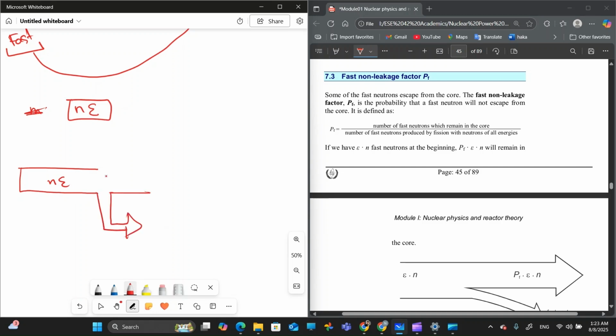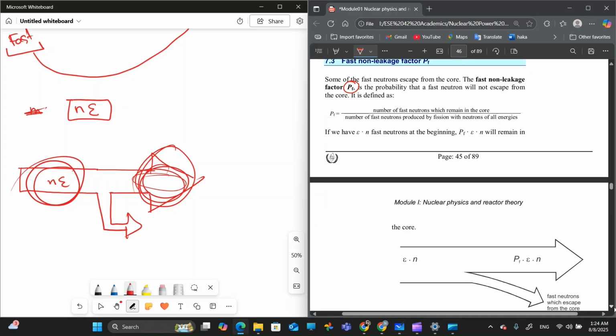The neutrons you have here are not leaked. They are non-leakage. So this factor is called the non-leakage factor, represented by P8. It is the number of fast neutrons which remain in the core divided by the number of fast neutrons produced by fission with neutrons of all energy. That means the ratio of after by before. So this is our first non-leakage factor.